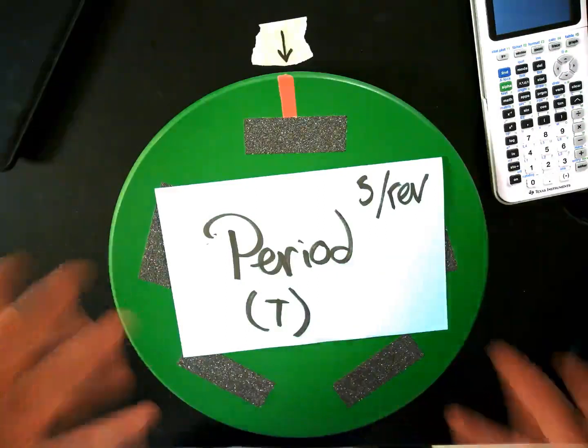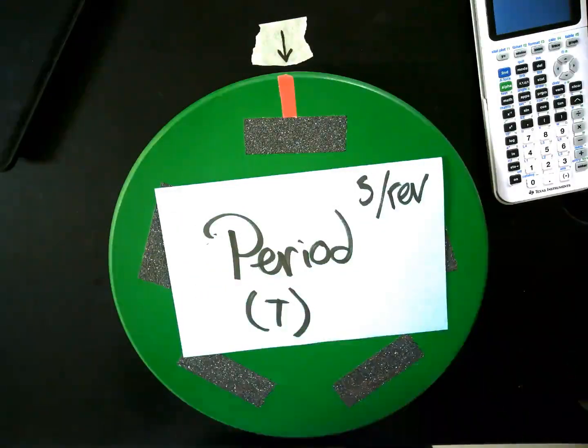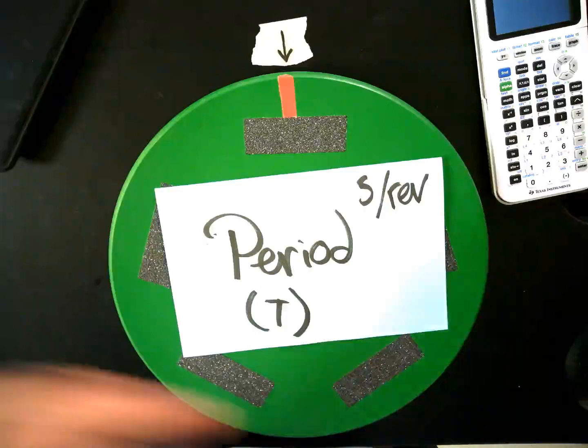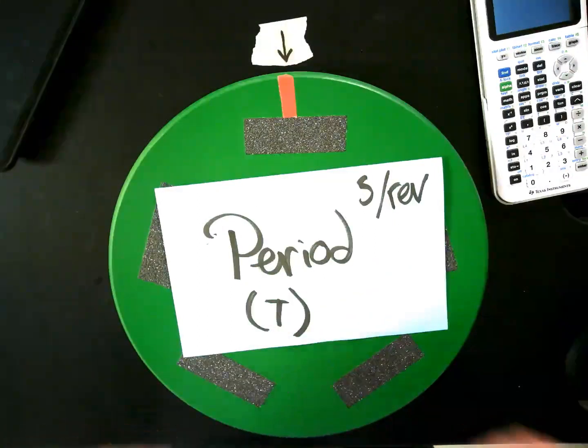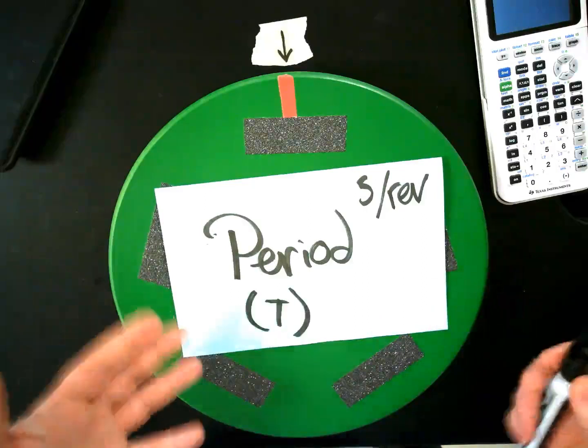A good real-world example where we use period would be how long it takes for the Earth to rotate on its axis to make a complete circle, which we all know is 24 hours.